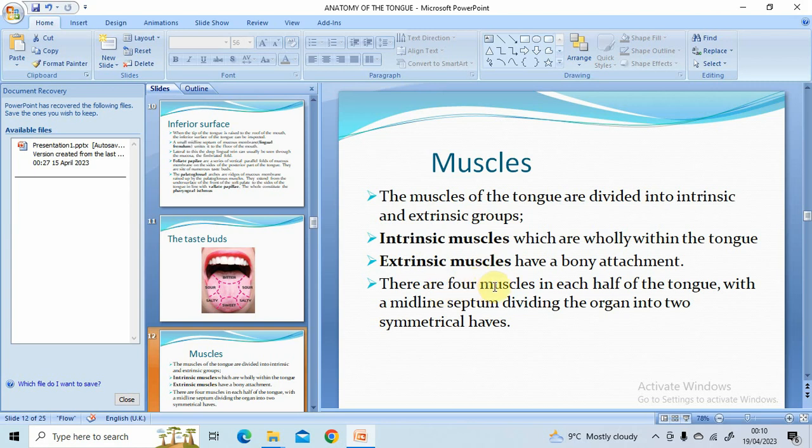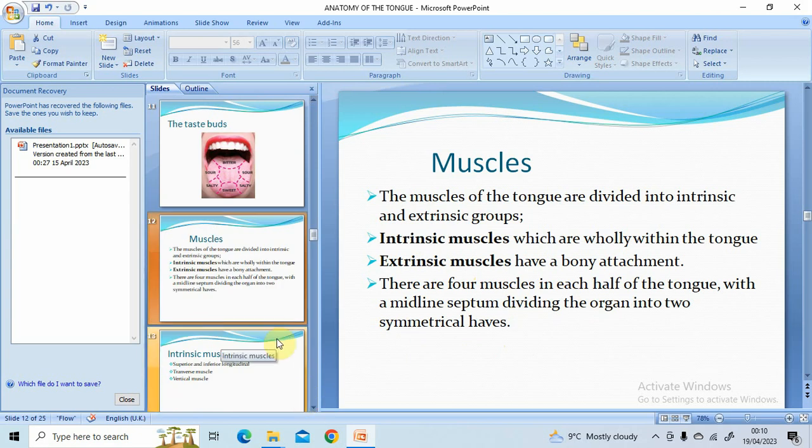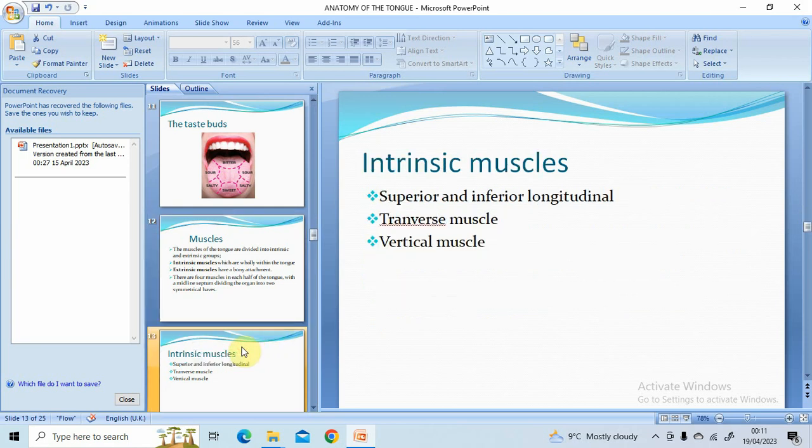So there are four muscles in each half of the tongue, with a midline septum dividing the organ into two symmetrical halves. Likewise, the extrinsic muscles are four in number. For the intrinsic muscles, we have the superior and inferior longitudinal, the transverse muscle, and the vertical muscle.